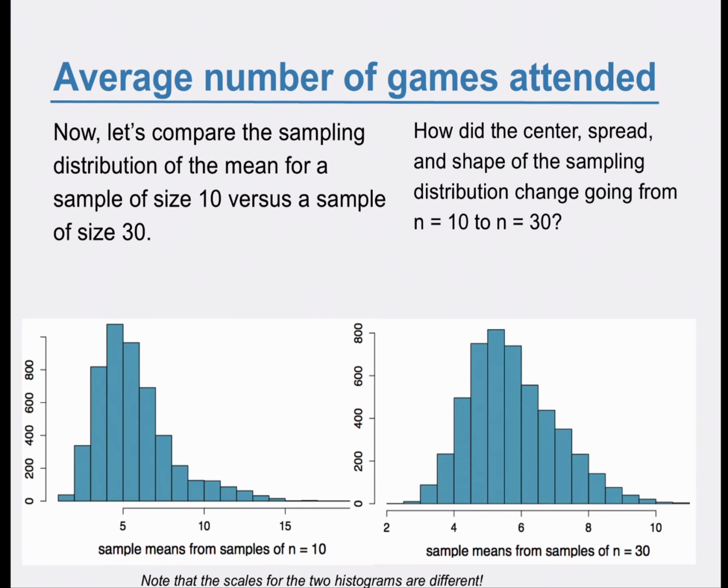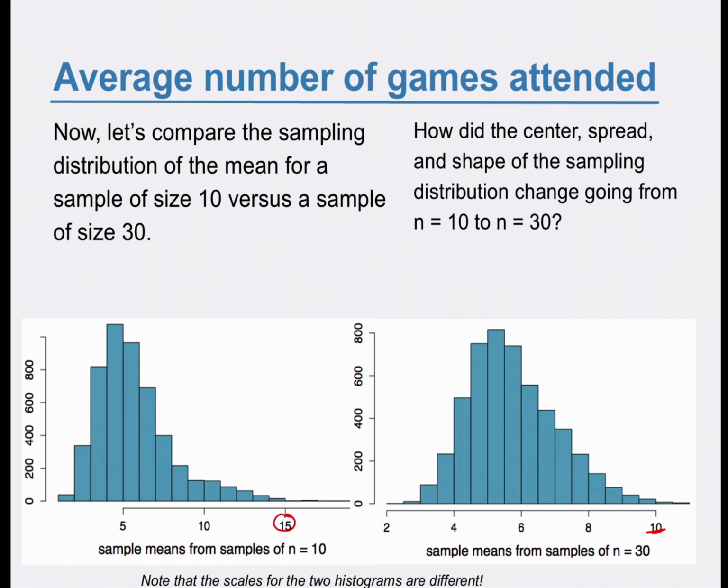All right. Now, compare the sampling distribution of the mean for a sample of size 10 versus a sample of size 30. Right? So here, notice that the scales are different. This goes up to 16, this only goes up to 10.